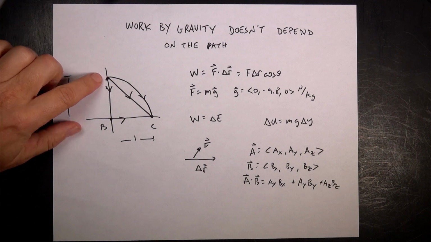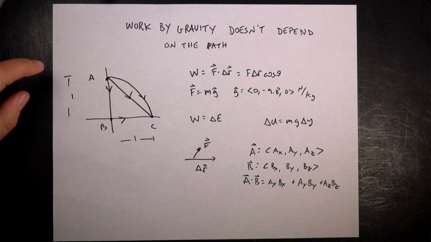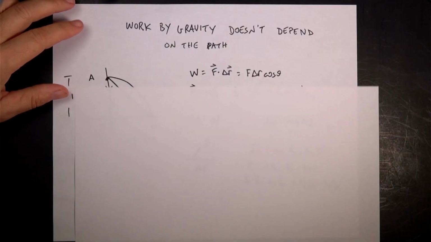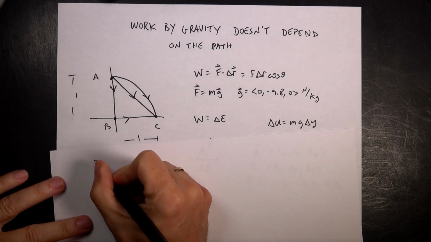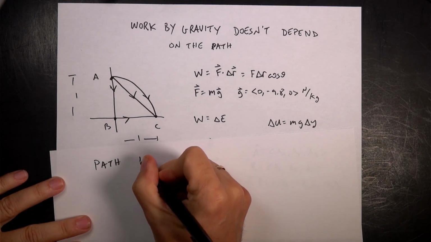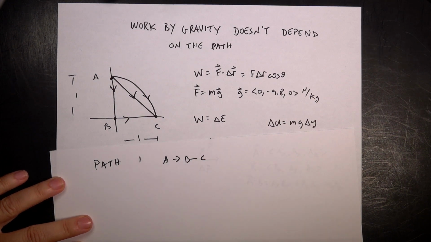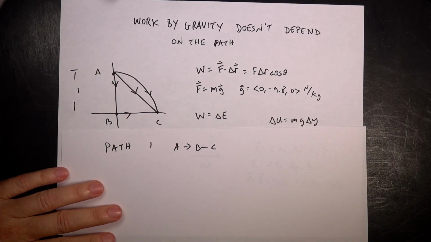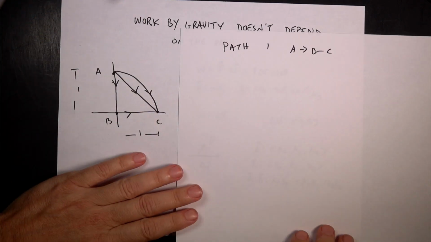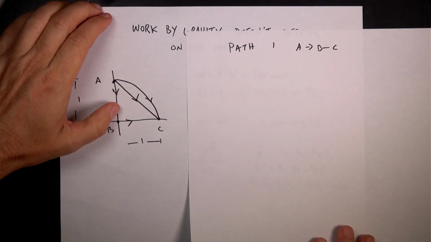But let's do this first path, path 1. I'll call it path 1. A to B to C. And so let's just do this.